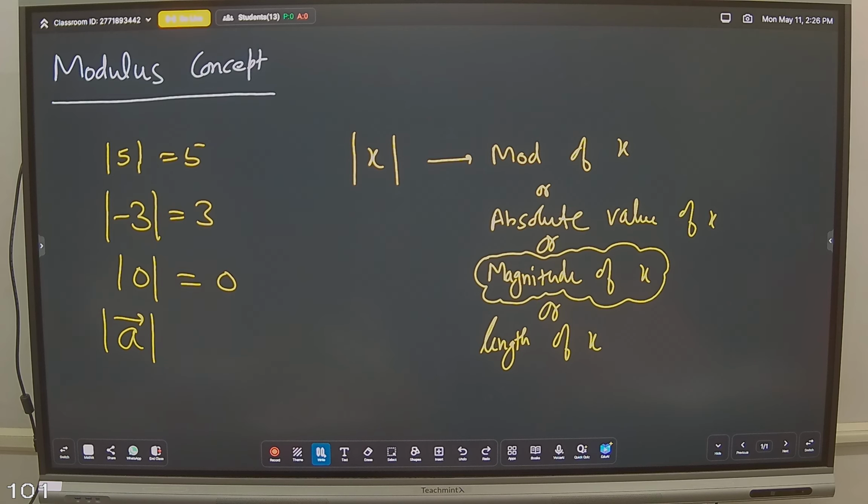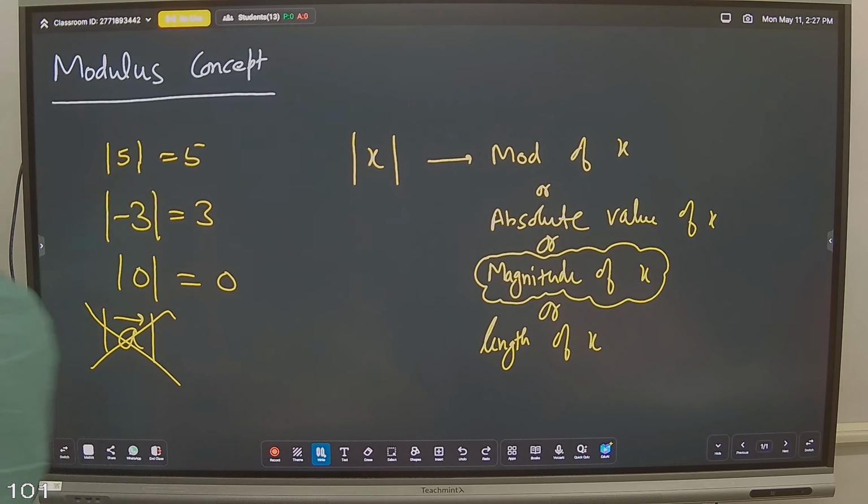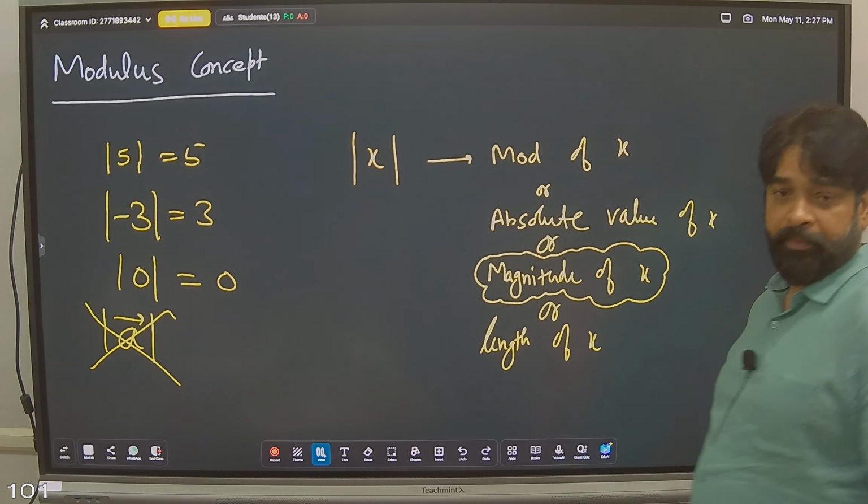Magnitude of a vector. No need of writing this. If you have never heard about the vector, don't write this. You will get confused. Clear to everybody?